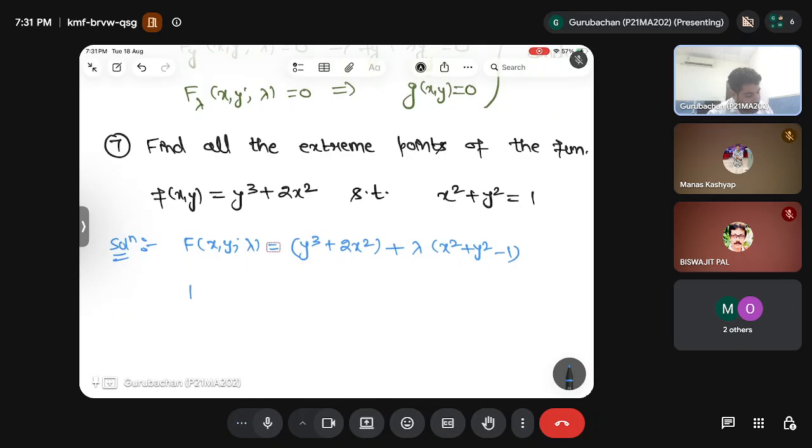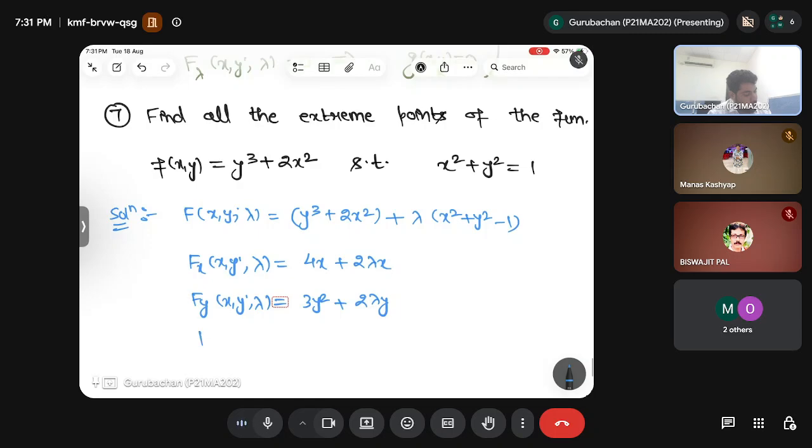So F_x will give you 4x plus 2 lambda x, F_y will give you 3y square plus 2 lambda y, and the last one, F_lambda, will be x square plus y square minus 1.